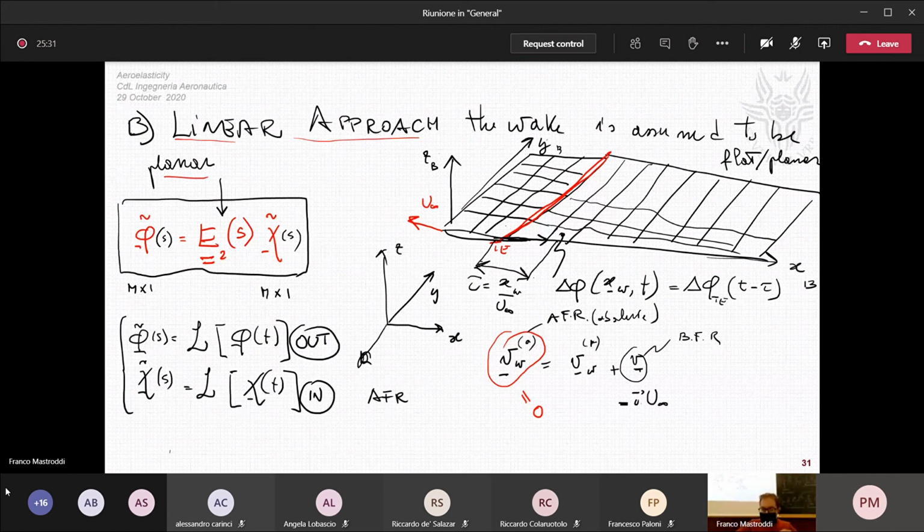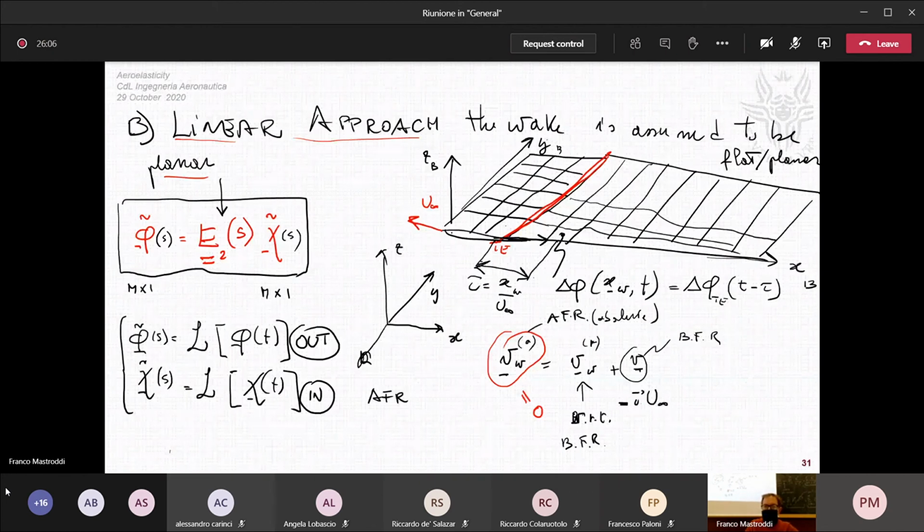And this velocity can be decomposed as a relative velocity, which is the velocity of the wake with respect to the body frame of reference, and the body frame of reference velocity. Look at the motion of your aircraft.